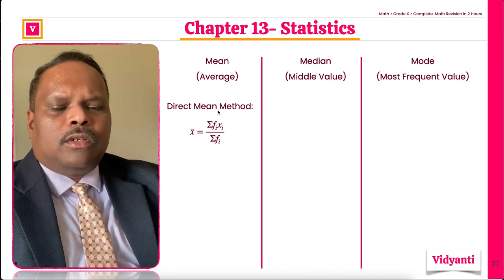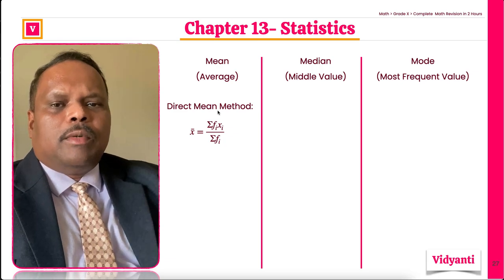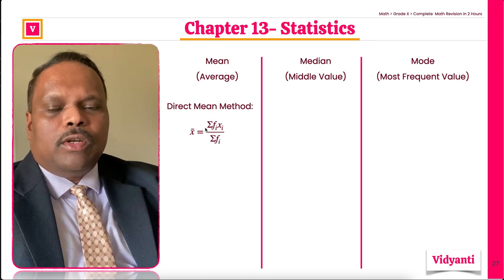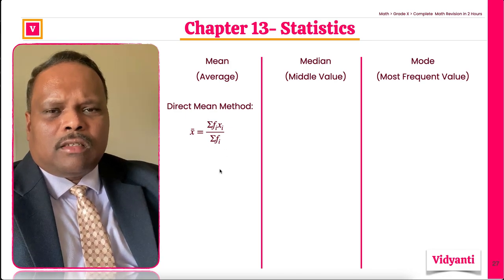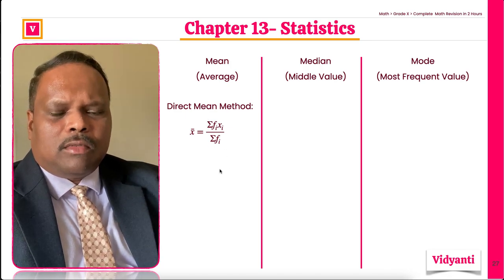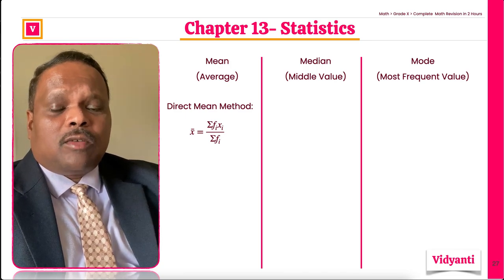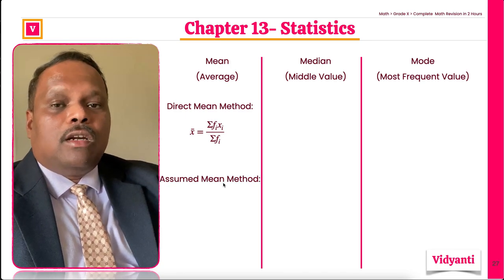If you have one observation repeating f times, second observation repeating f times, and so on, mostly you will use direct method. Direct method has complications because sometimes bigger numbers are involved. You are not allowed to use calculator, there is a chance of making mistakes. So now there are two additional methods.